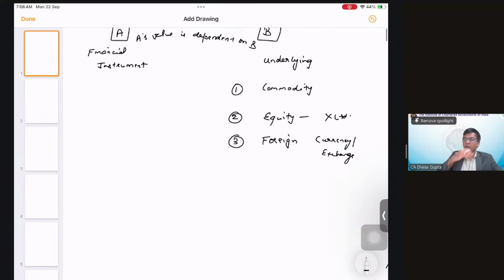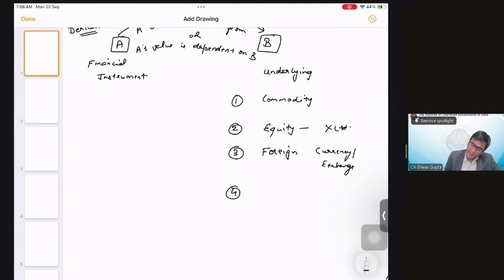Let's say $1 is equal to 83 rupees. So the price of $1 is 83 rupees. That can act as an underlying, and there can be a derivative on that underlying of $1 that derives its value from the way the dollar is priced in terms of foreign exchange.